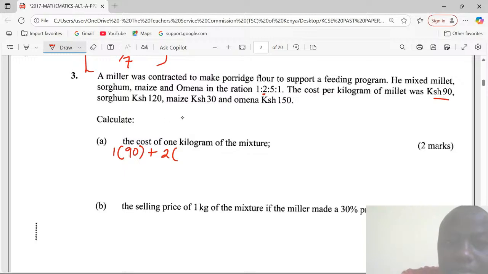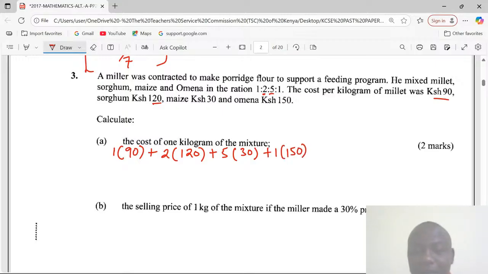And these kilograms of sorghum are costing 120 per kg. Plus, the other proportion is a 5. This is for maize, 30 per kilogram. Then we add finally 1 times 150 for a kilogram of omena. So this is now going to be the total cost of the mixture.